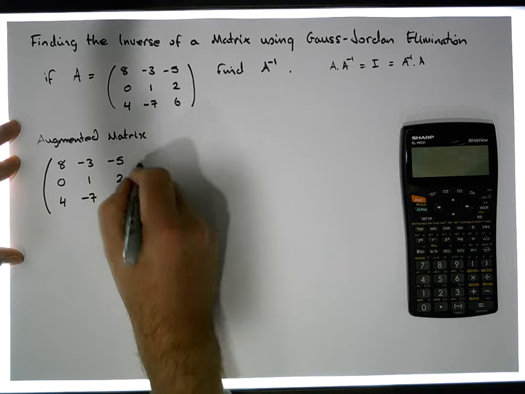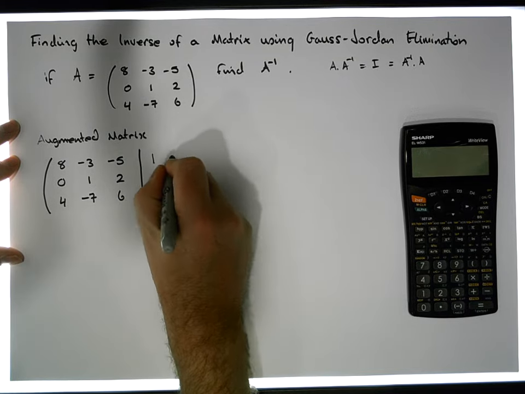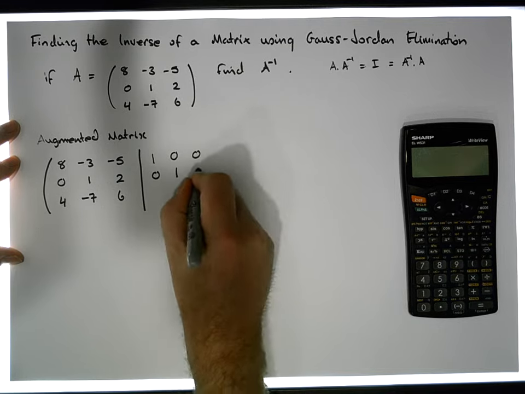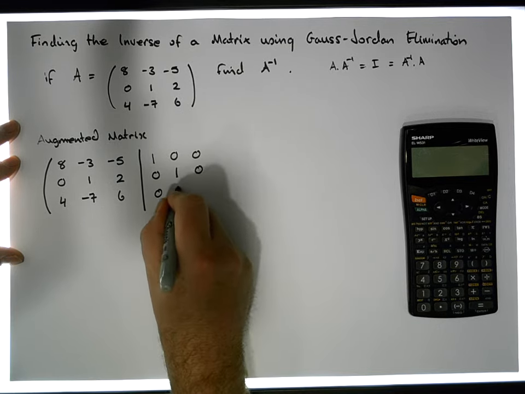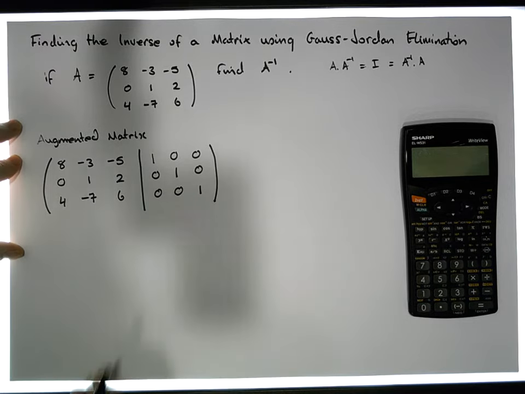And we're going to augment it with the identity matrix: 1 0 0, 0 1 0, 0 0 1. So this is our identity matrix here.